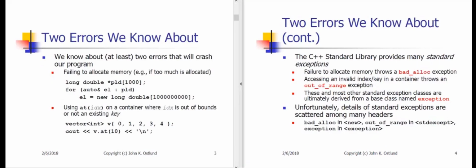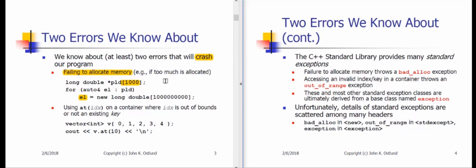We already know about 2 kinds of errors that will crash our program. One is if we attempt to ask for a chunk of memory and that attempt can't be granted. For example, here we have an array of 1,000 pointers to long doubles, and we're going through each of the elements in that array and storing into that element the address of a new long double array of 1 billion elements.